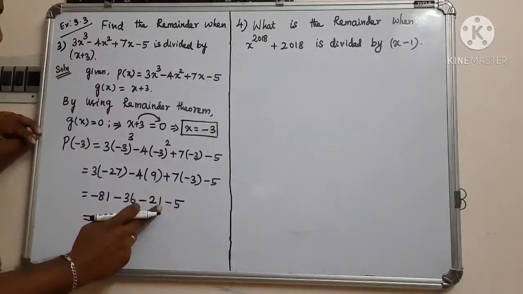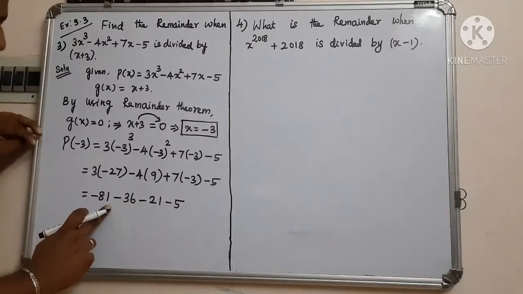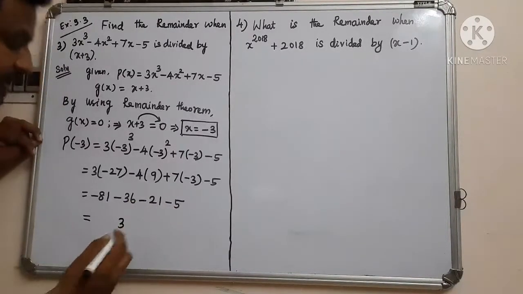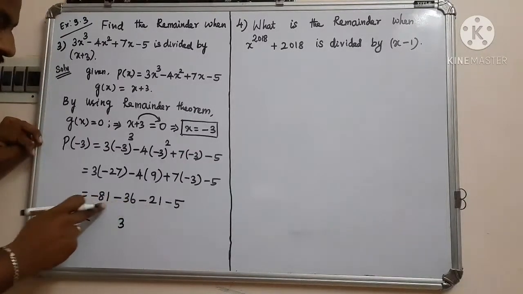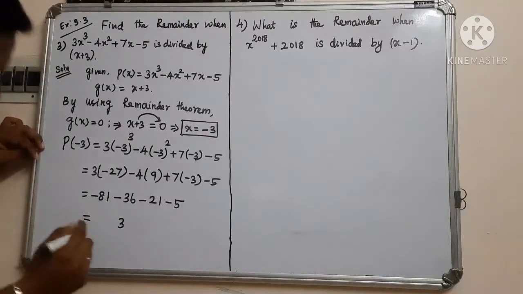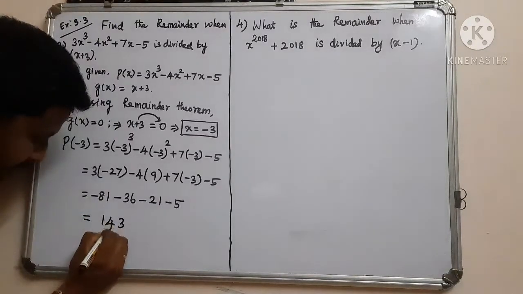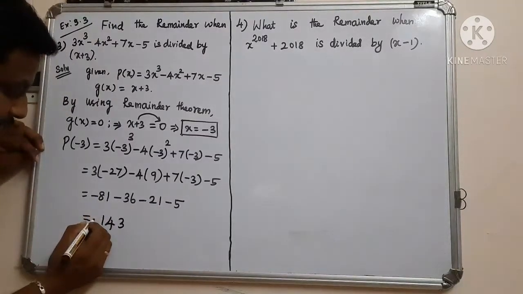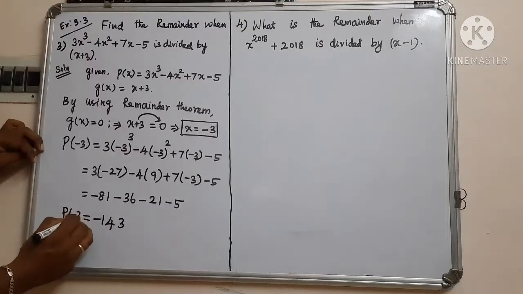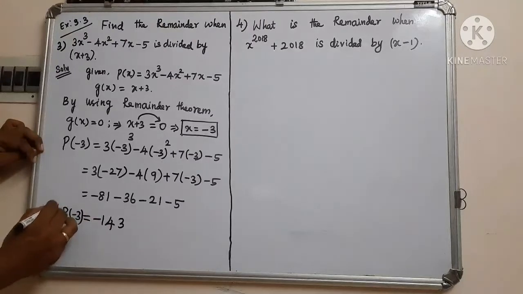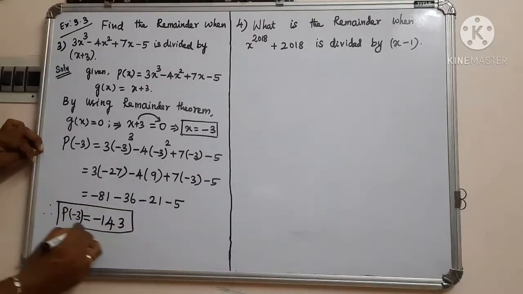So 5 plus 1 is 6, 6 plus 6 is 12, 12 plus 1 is 13, remaining 1, 1 plus 2 is 3, 3 plus 3 is 6, 6 plus 8 is 14. So 143. All the symbols are minus. So p of minus 3 is equal to minus 143.